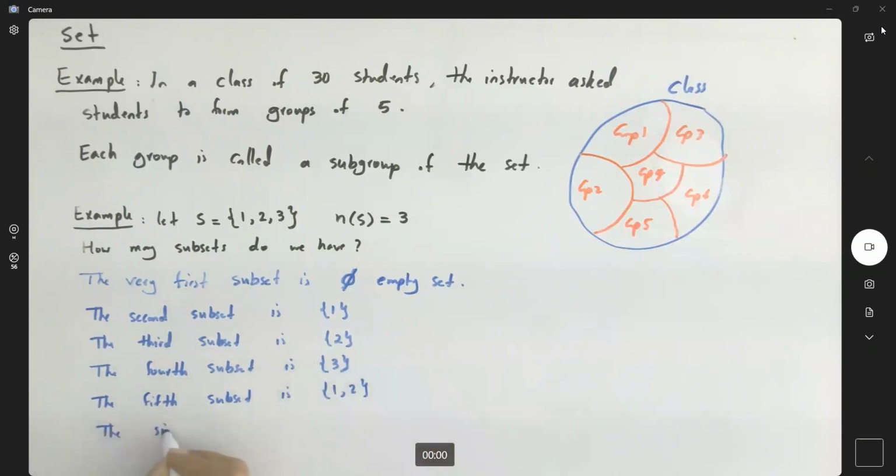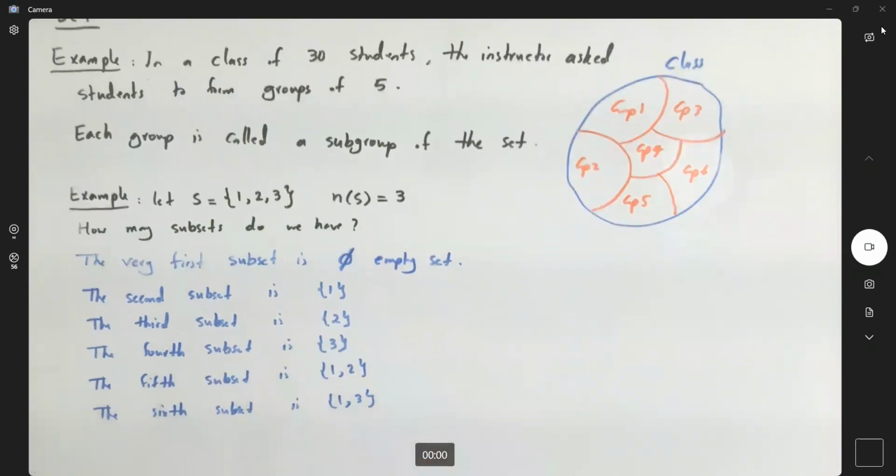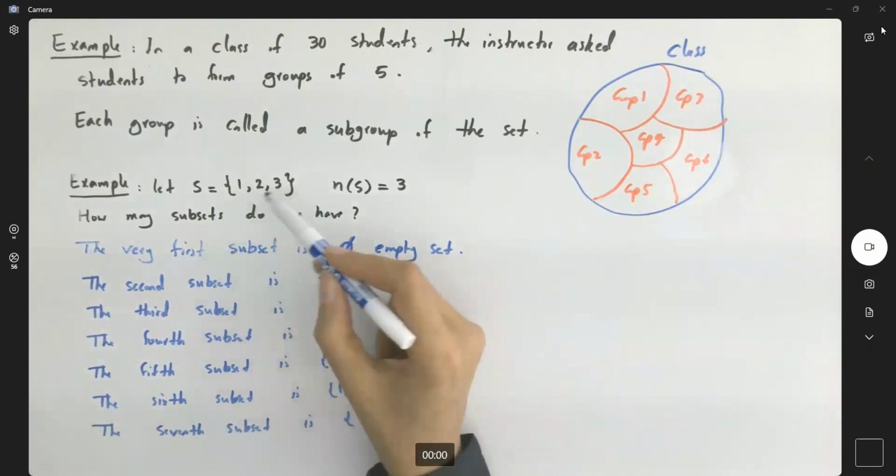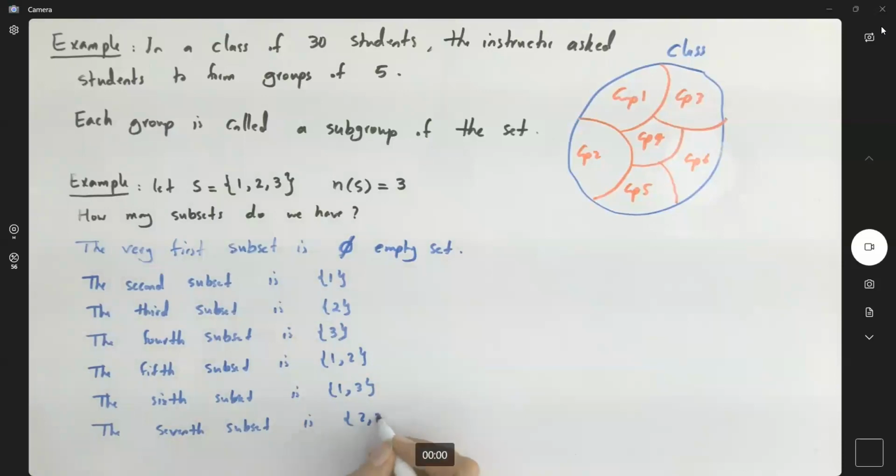The sixth subset is the first student and the third student. The seventh subset is the second student and the third student working together.